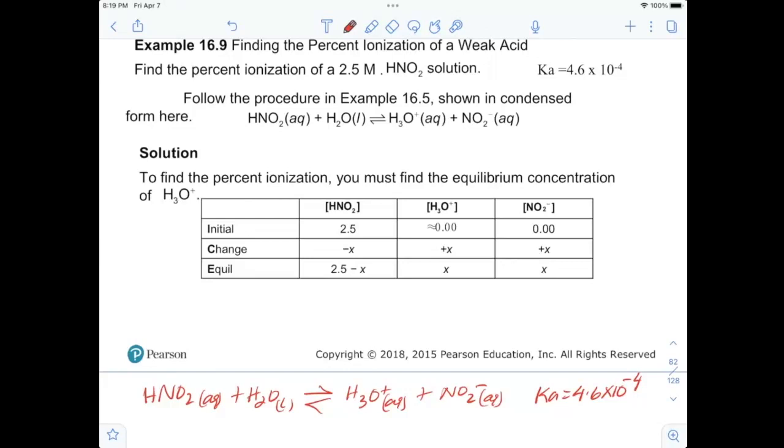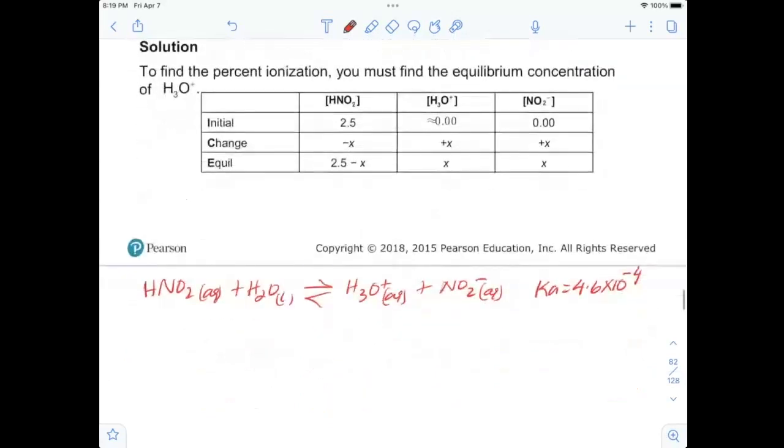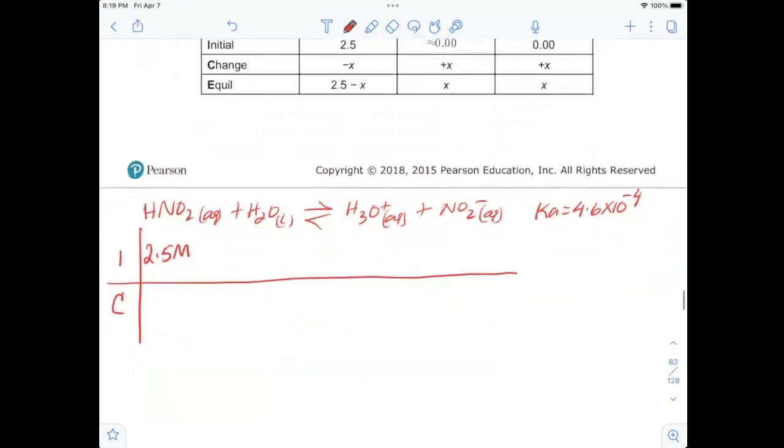Okay? So we are asked to find the percent ionization given 2.5 molar nitrous acid. So 2.5 molar is the initial amount of this. Let's see if we can find the change and the equilibrium amounts.